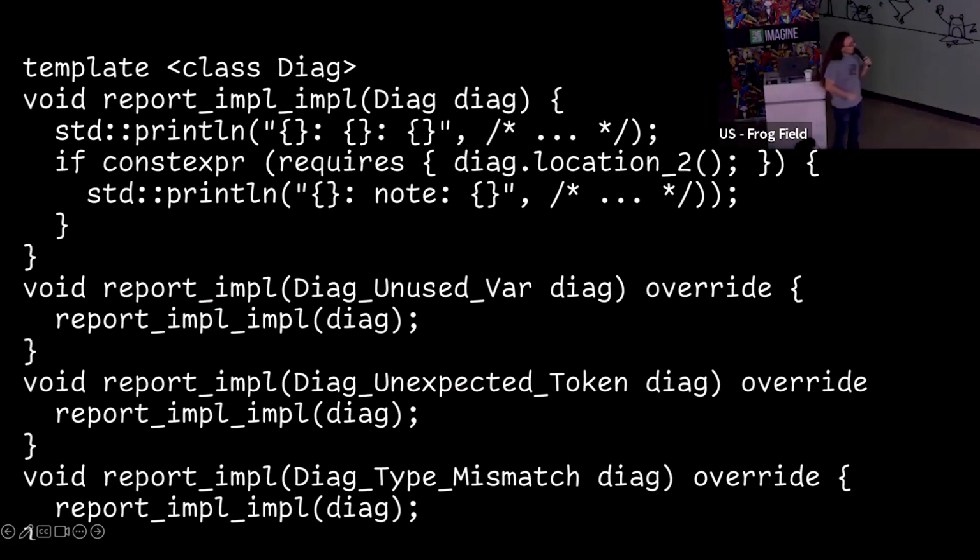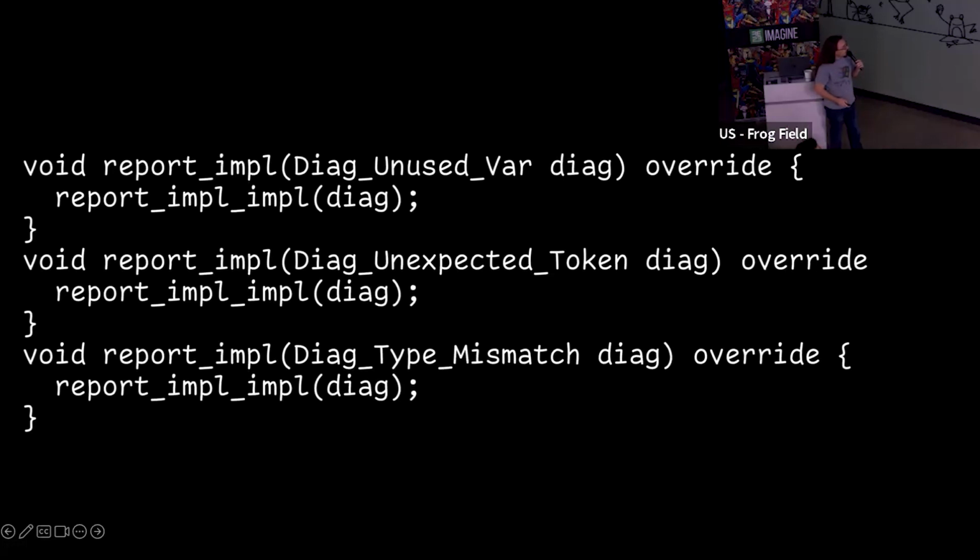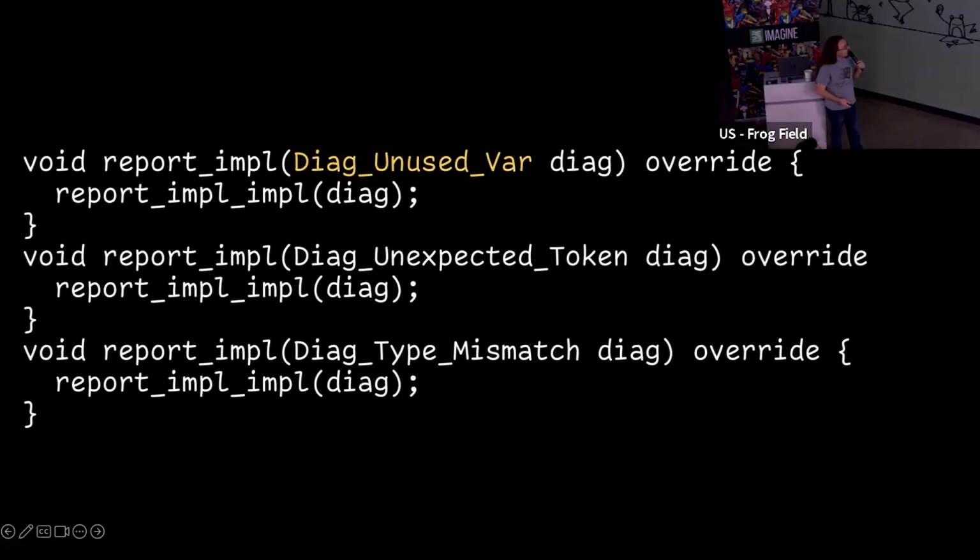So here's the code so far. The code on the top is what we were working with. The code on the bottom is all those overloads, those virtual functions that call into the template. Let's address these overloads here. The only thing different between these overloads is the parameter. Before we used a template, but you can't use templates with virtual functions, right?